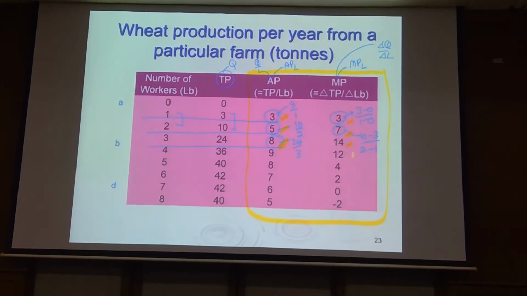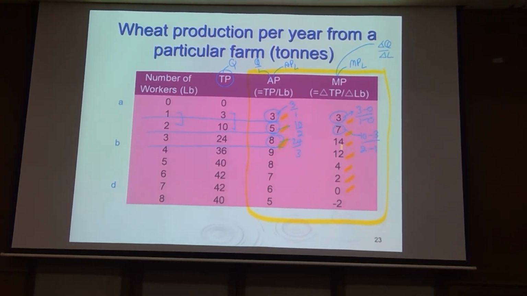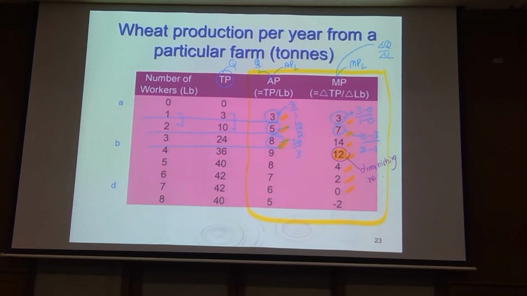But you see, once labor starts to be less productive, when we have the problem of diminishing return there. So here when we have a problem of diminishing return, diminishing return or diminishing marginal product, what happens?